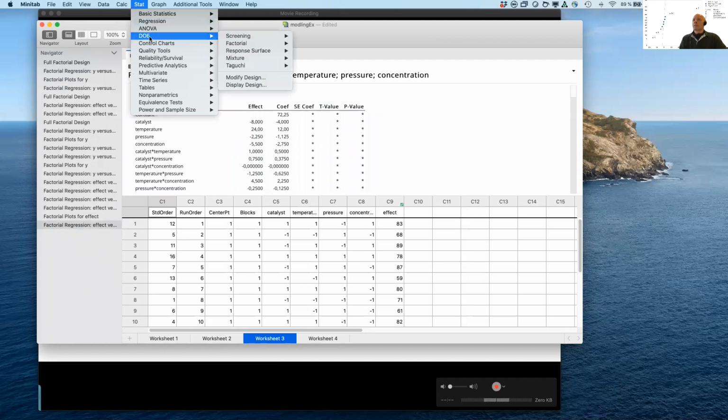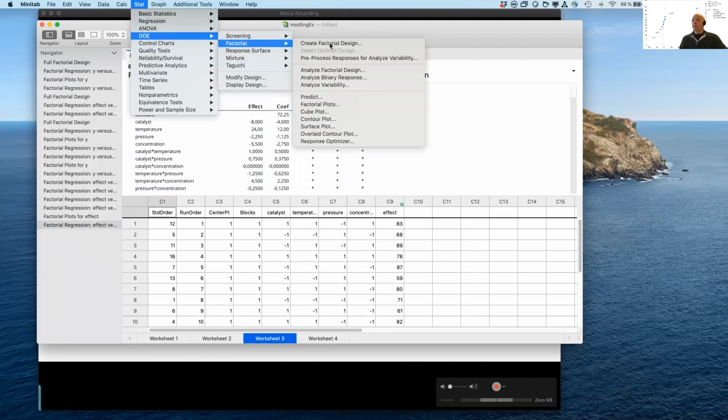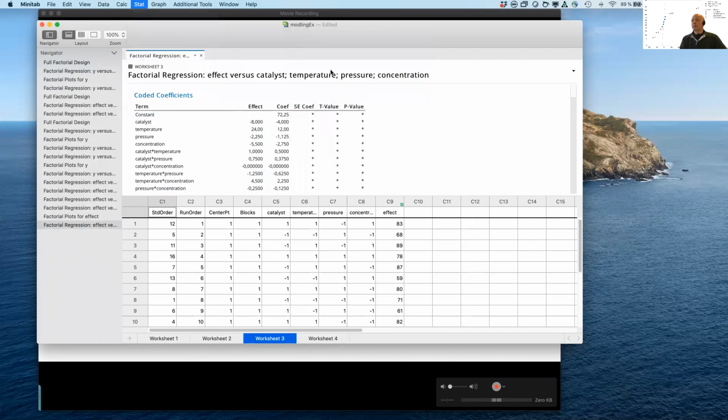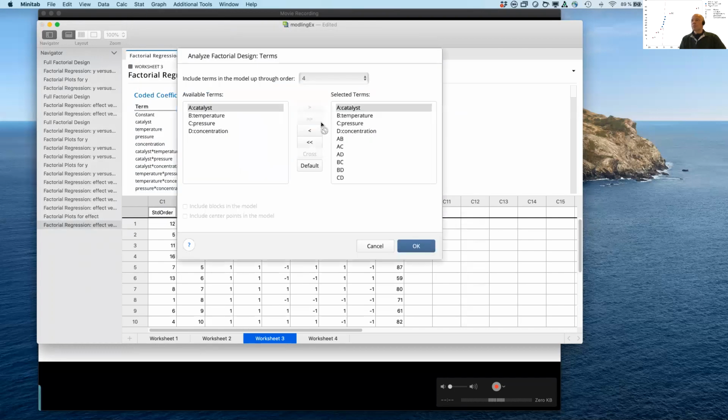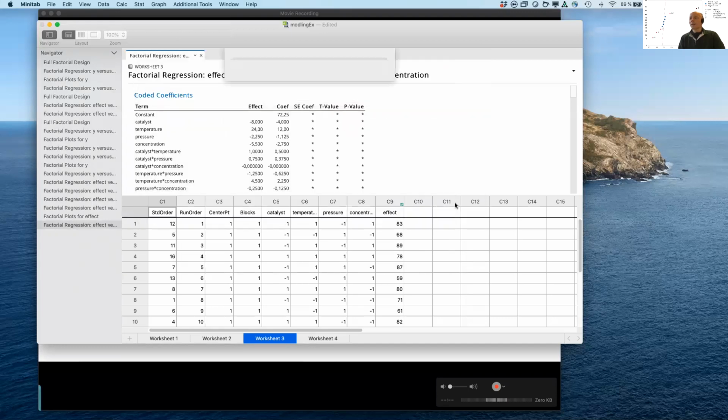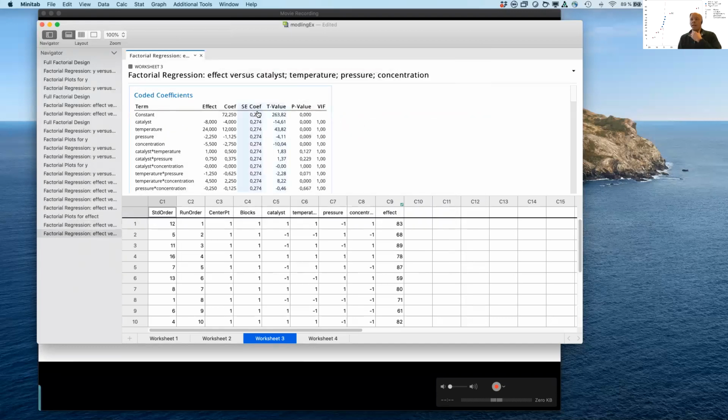So instead, let's go to design of experiments, factorial, analyze factorial design. But now we reduce the number of terms in our model. So let's say we only want the main effects and the first order interactions that are listed here. Then we can do this same thing. And now we suddenly get an estimate of the standard error.